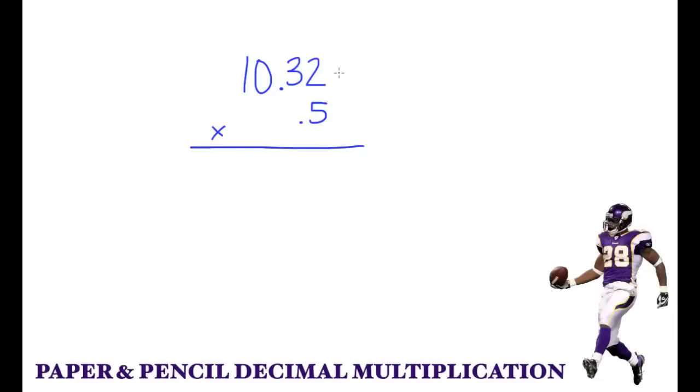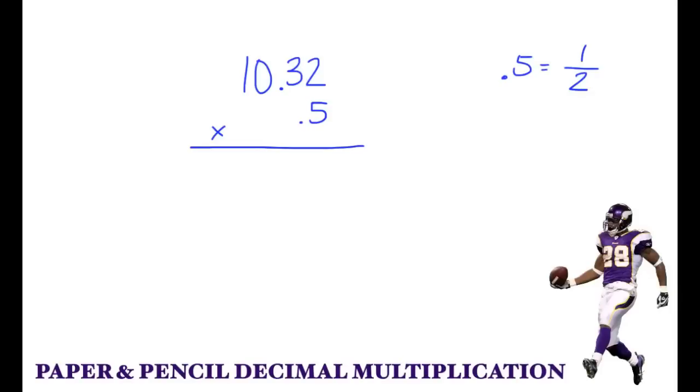I'm taking less than all of 10 and 32 hundredths. In fact, I'm taking half, because 0.5 is a half, right? 0.5 is equal to a half. 0.5, I should say 5/10. So I'm actually taking half of 10 and 32 hundredths. Think about that for a second. So if we round it, we should say the answer is going to be about 5, because half of 10 is 5. But let's just see.